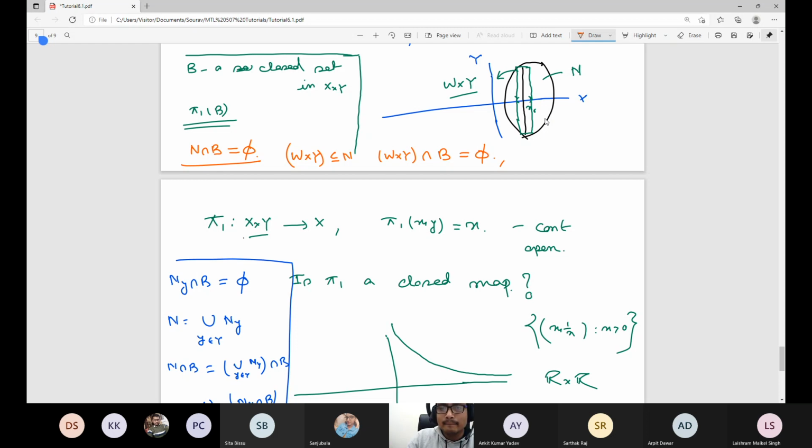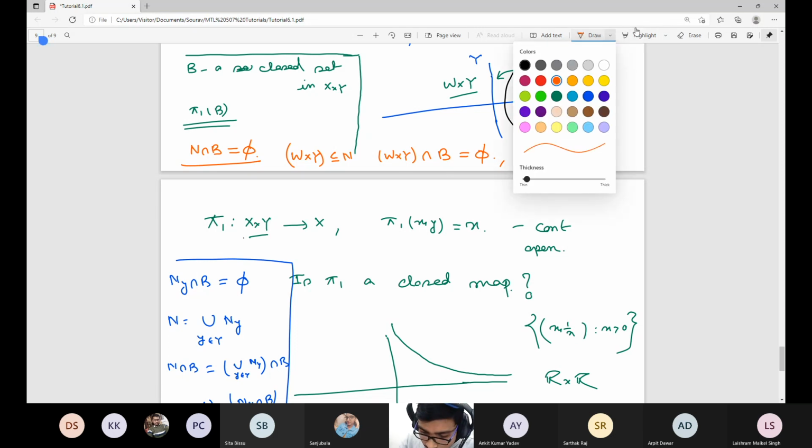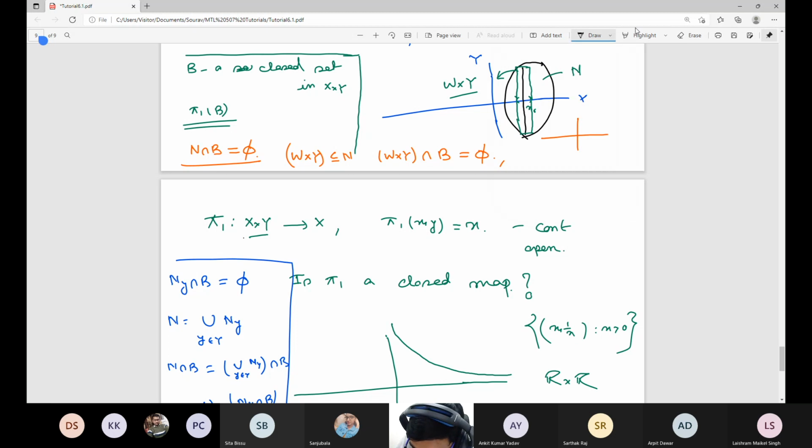Is it clear? Actually, you see, we have this kind of neighborhood and it contains all of these. This W cross Y consists of all these elements.